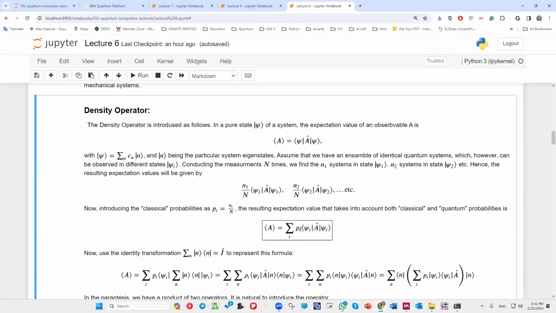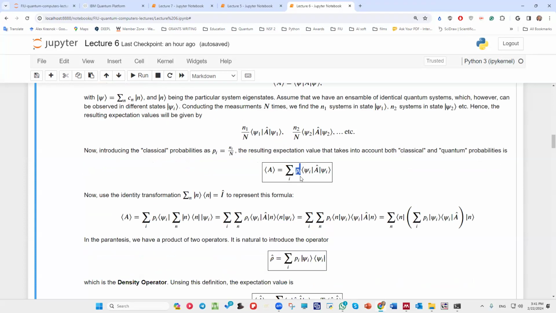However, it also includes the classical probability given by this pi here. So both classical probability and quantum probability. Usually, we say that quantum probability is the probability provided by nature, so it's not avoidable probability.